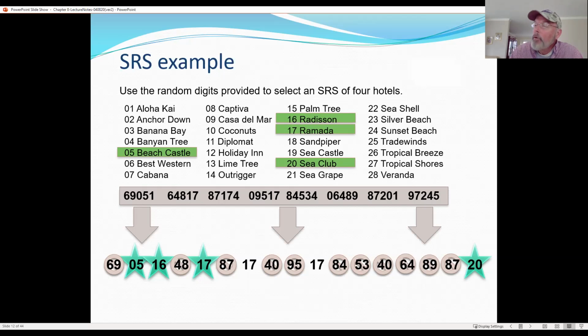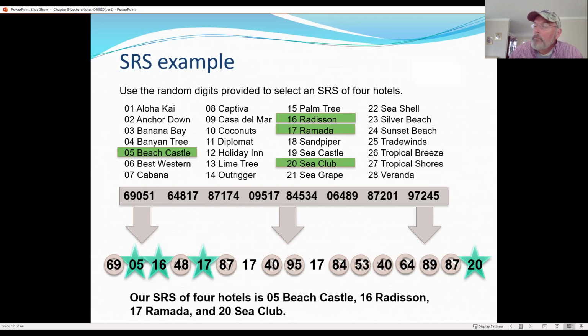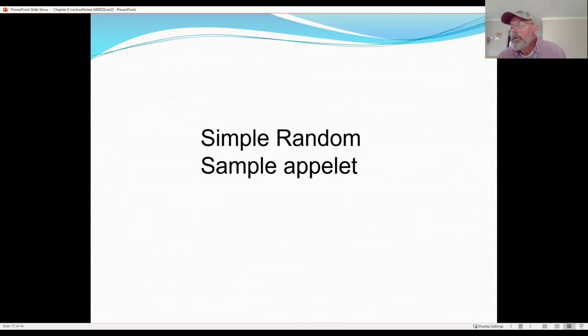And I'd like to show you another version of this. So this is a simple random sample applet, okay? And so this is a random generator that goes along with the textbook. And I'm going to go to that applet.